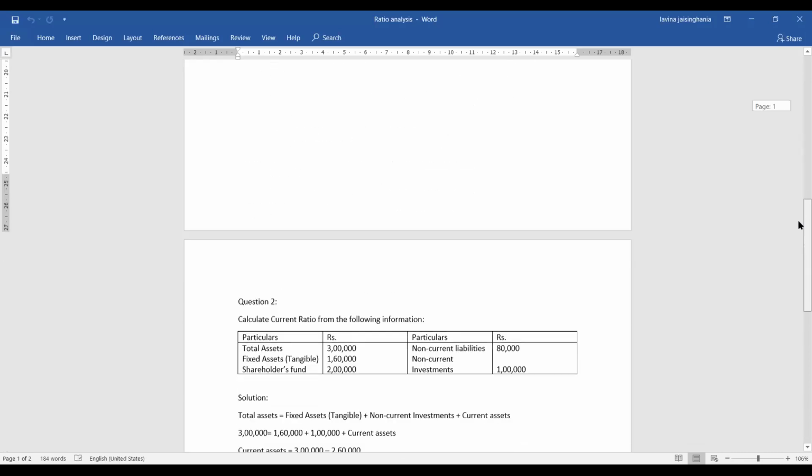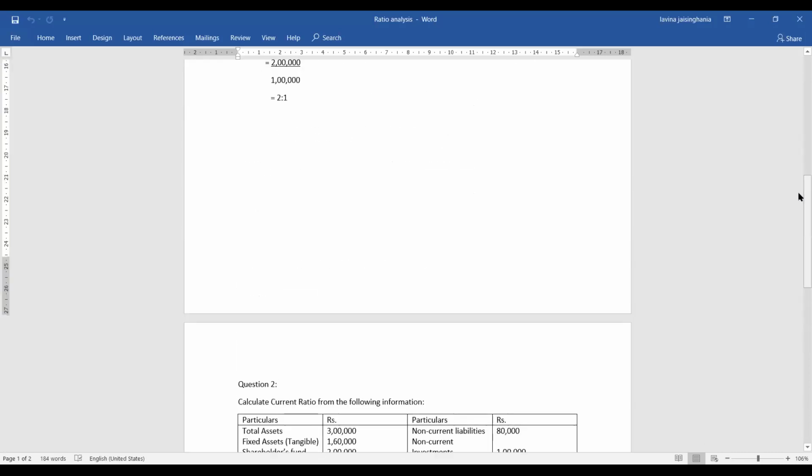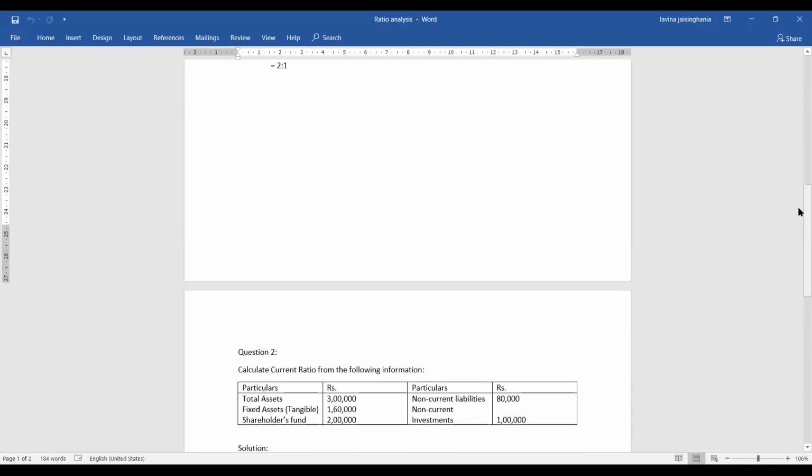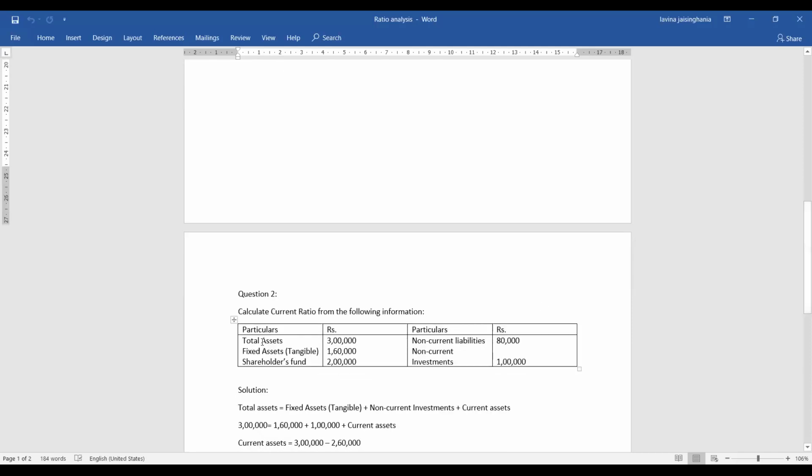Now see, in the next question, what is given here is: calculate current ratio from the following. Here you are not given any current asset or liability separately. You have to think, put some pressure on your mind, think a bit, and then you can get your answers. Okay. So here, what we are given is total assets.